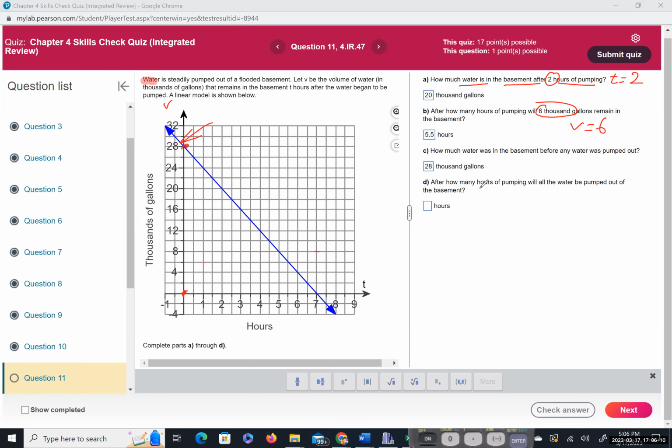And then after how many hours of pumping will all the water be pumped out of the basement? All the water pumped out means there is no more water, so we mean 0 here.